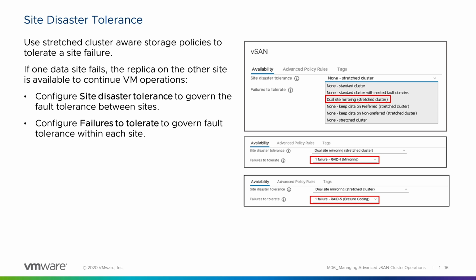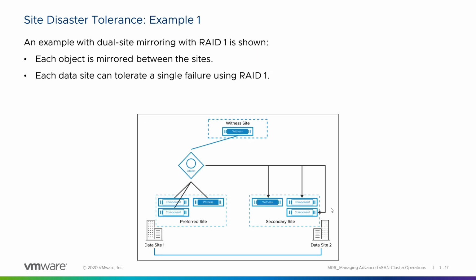There's another choice. The next choice entails that you have a VM that is a two-way mirror, but in turn, each sub-mirror is really RAID 5. Now that requires 9 hosts, because remember, RAID 5 requires 4. So we're talking about 4 plus 1. How do I build that policy? Once again, I combine dual site mirroring (stretch cluster) with RAID 5.